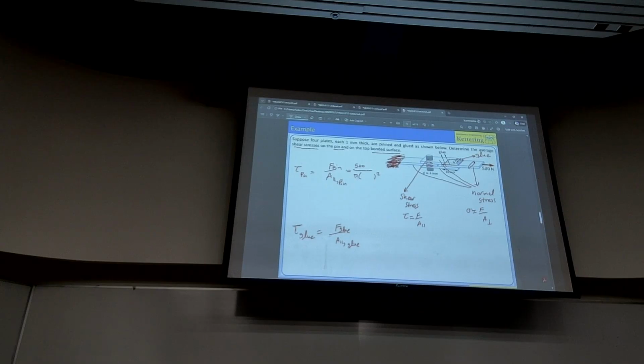Radius 2 millimeters, milli is 10 to the minus 3. That means you need to put it in your equation sheet. So that's from the left, right?